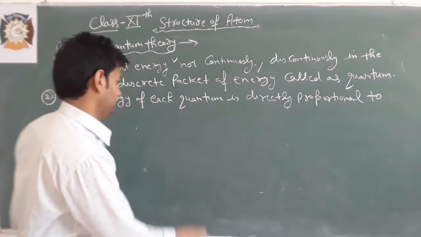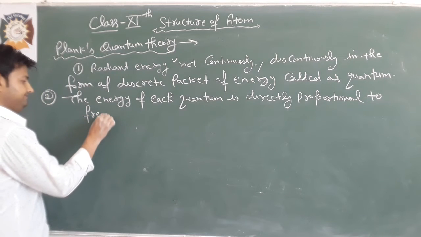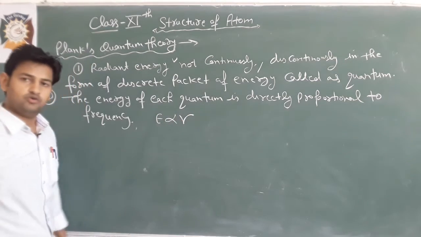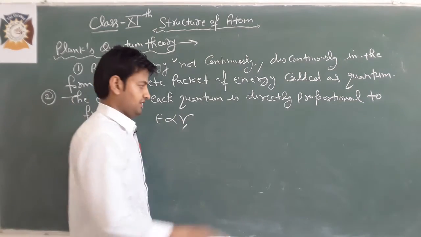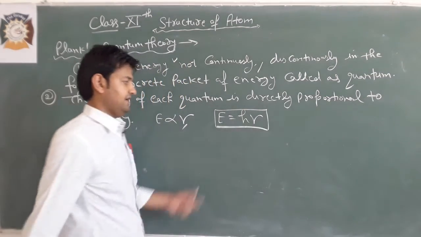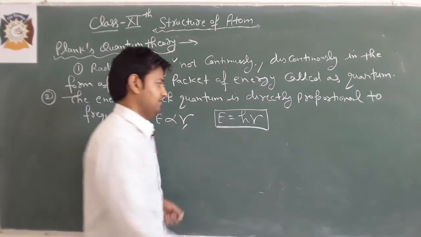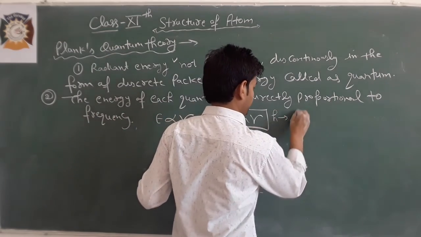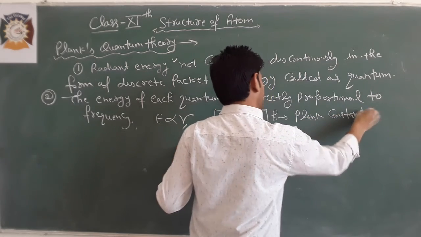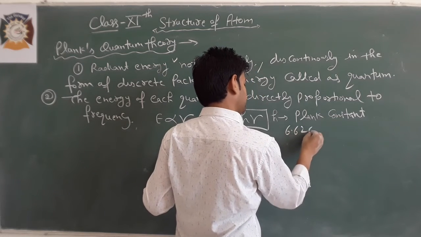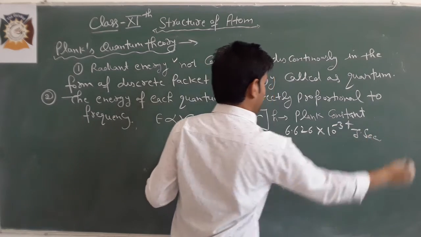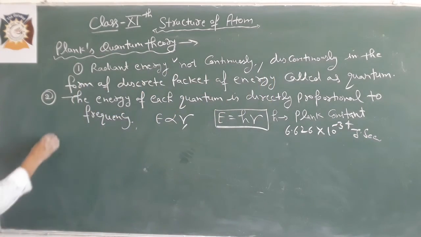So for one quantum, energy is equal to h nu, where h is Planck's constant. Planck gave a constant h, and its value is 6.62 times 10 to the power minus 34 joule second.